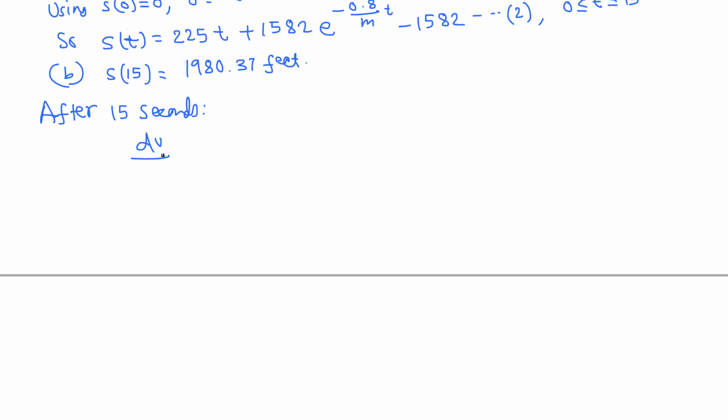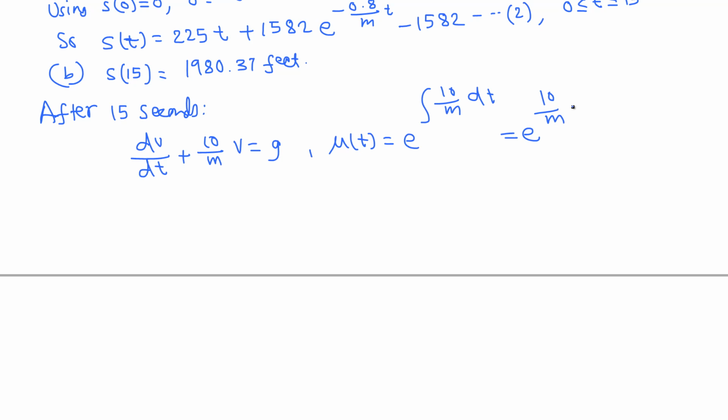So dv over dt plus, instead of 0.8, now we have 10, so 10 over m v equals g, linear in v with respect to t. So we find the integrating factor e raised to the integral of 10 over m dt, that is e raised to 10 over m t, and m happens to be 5.625, by the way.